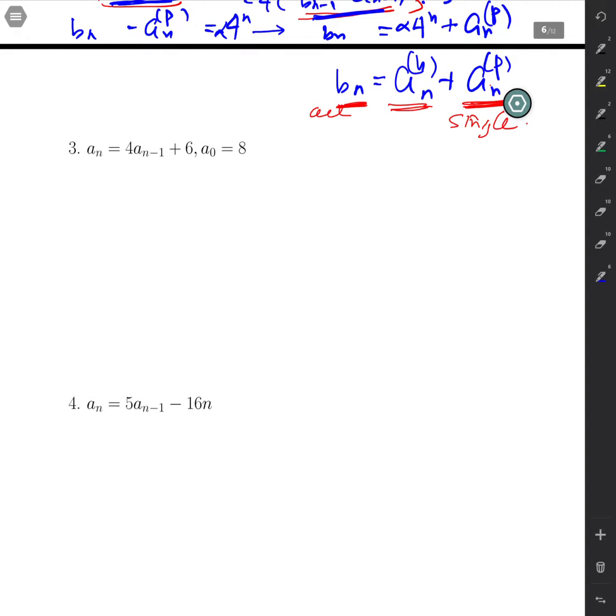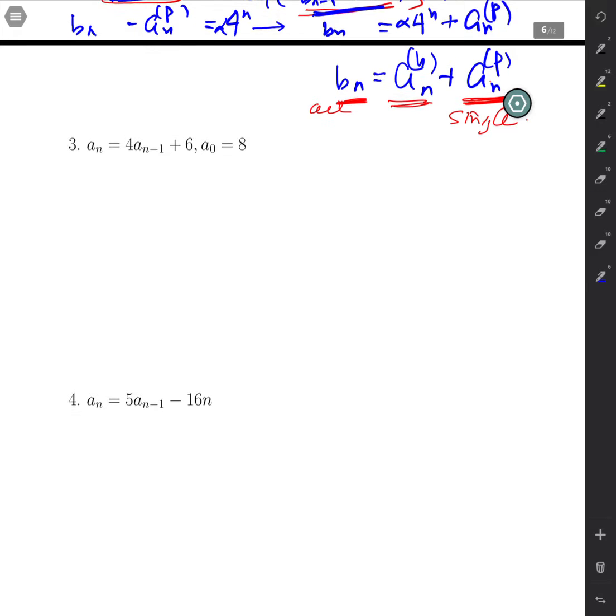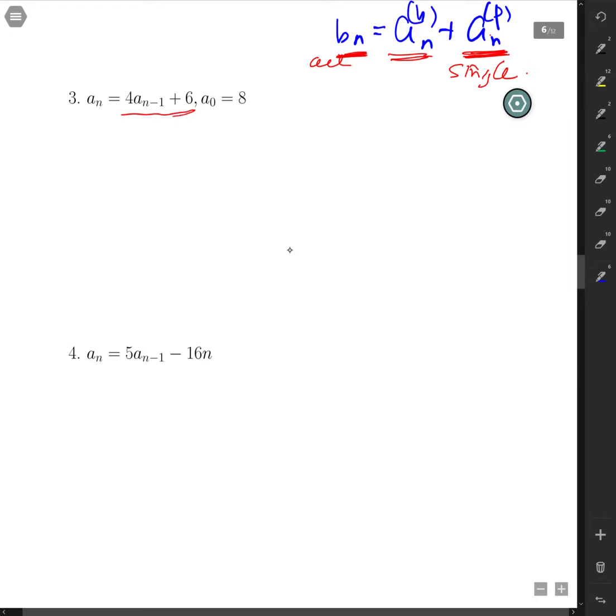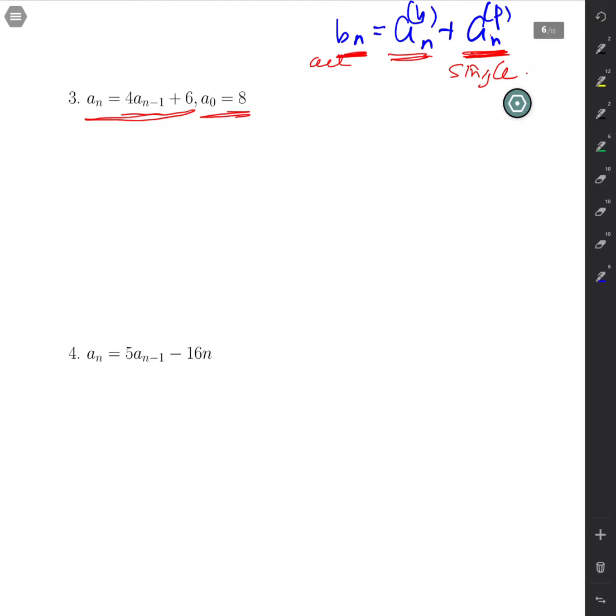Now, picking up where we left off on the last one, we want to solve the recurrence relation that we just looked at along with an initial condition. The danger here is applying that initial condition too soon.